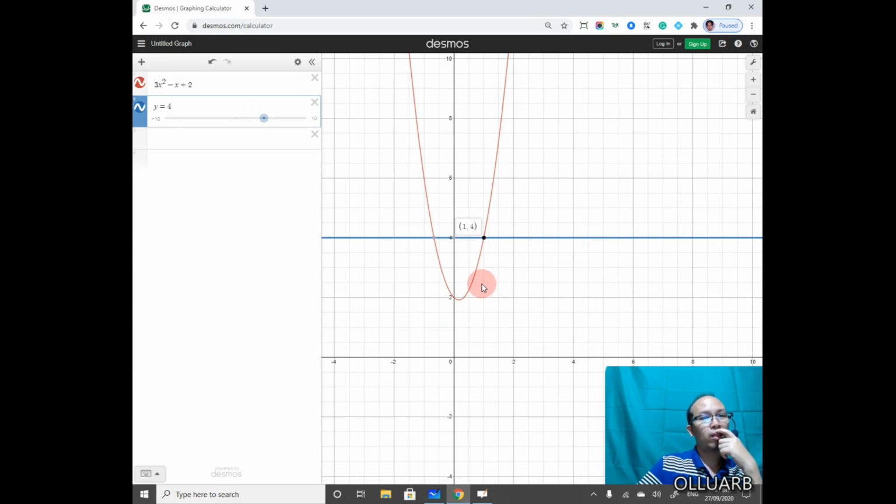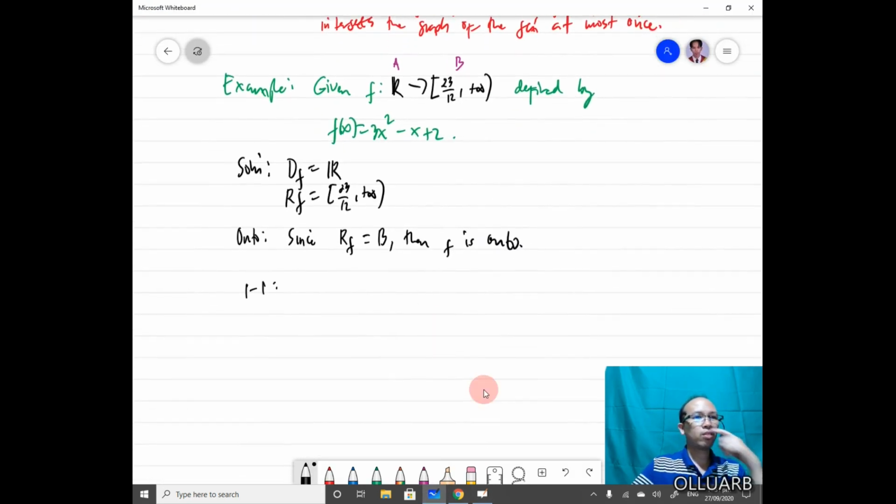Okay, we have 4, so let's try 4. Based on the graph, we need only one example.